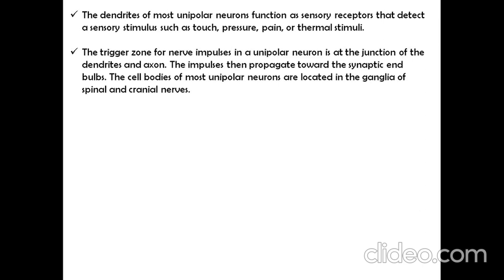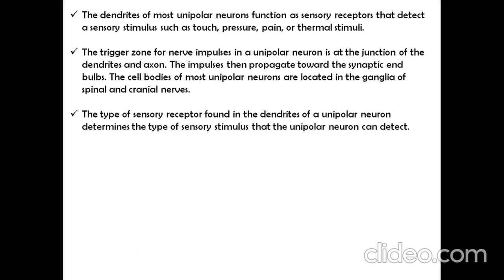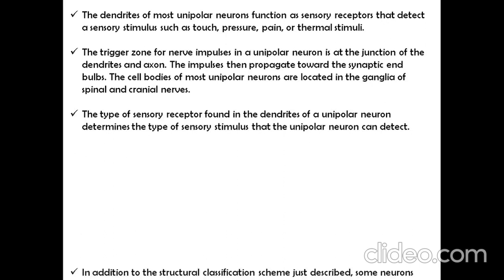The impulses then propagate towards the synaptic end bulb. The cell bodies of most unipolar neurons are located in the ganglia of spinal and cranial nerves. The type of sensory receptor found in the dendrites of a unipolar neuron determines the type of sensory stimulus that the neuron can detect.